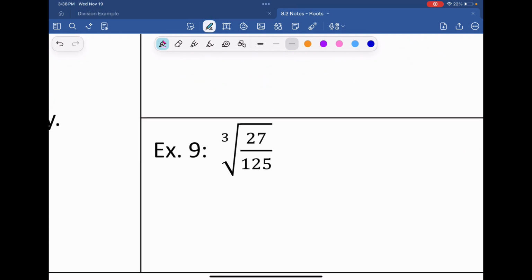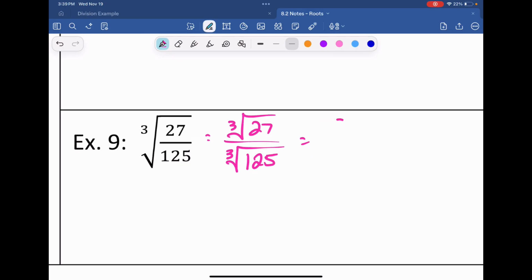Example 9: this one is a cube root. So it's what number times itself 3 times? We're going to take those separately. The cube root of 27 is 3, and the cube root of 125 is 5.